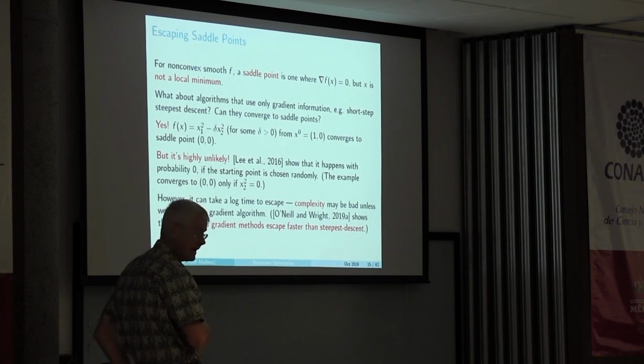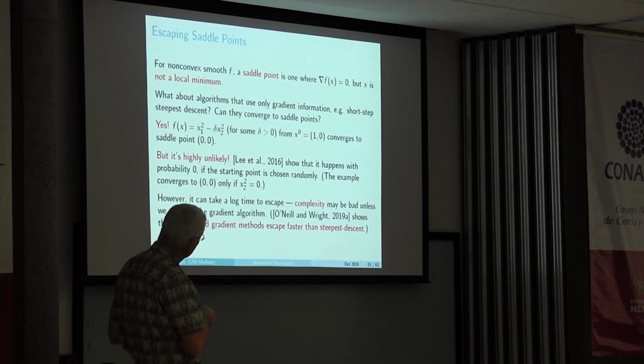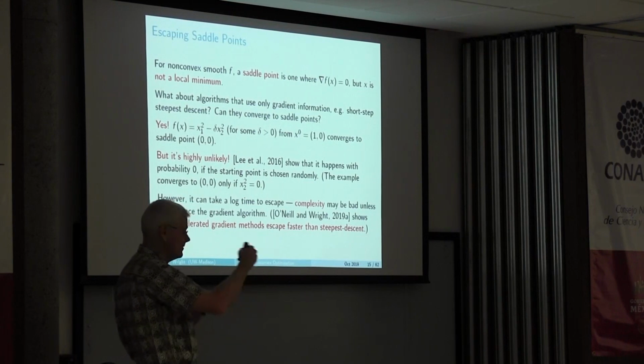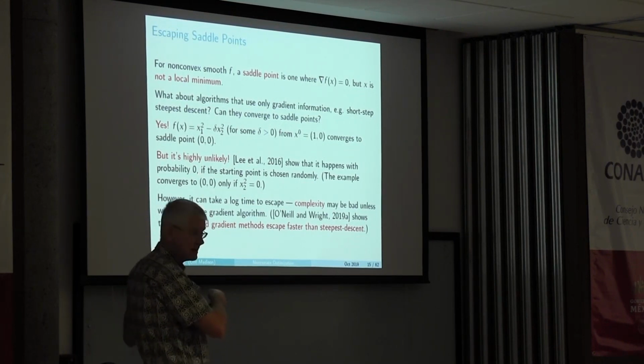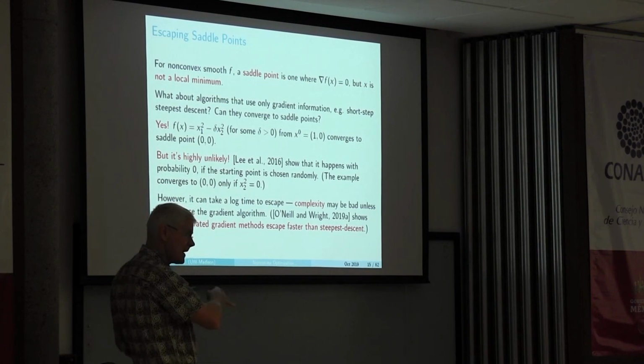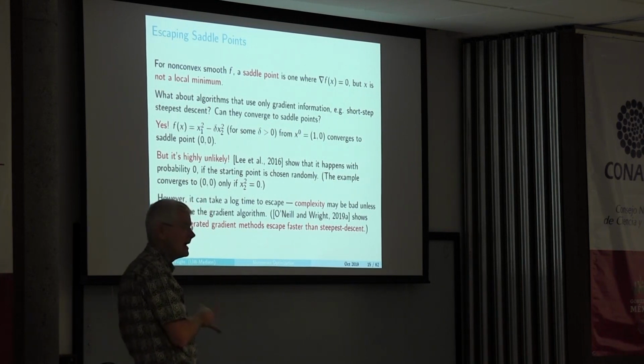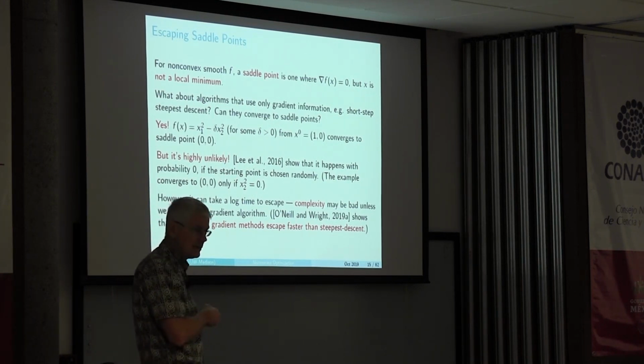But it's very unlikely, in that it only happens if you start with a point where the second component is 0. If you start from any point where the second component is slightly positive or slightly negative, it's not going to get stuck at 0. There's a paper by Lee et al. from 2016 where they show that for general non-convex functions, not just quadratics, you have to be extremely unlucky to get stuck at a saddle point.